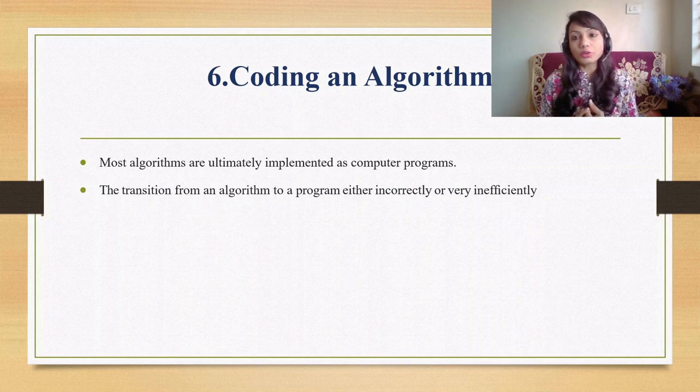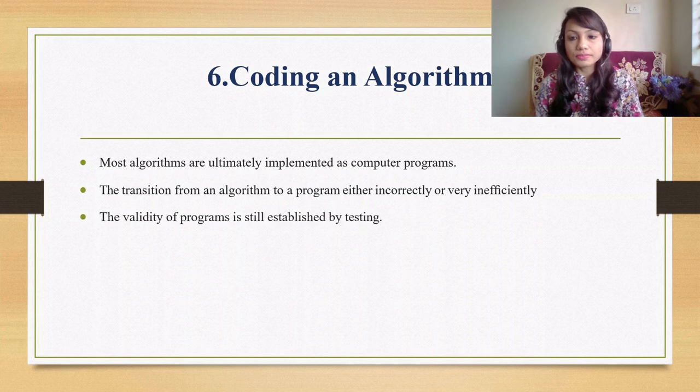Checking that the algorithm is correct is not enough. After converting the algorithm into a program, you have to check again that it is working properly. It need not work for all inputs, but it should work for legitimate inputs, that is, the range of input you have specified.